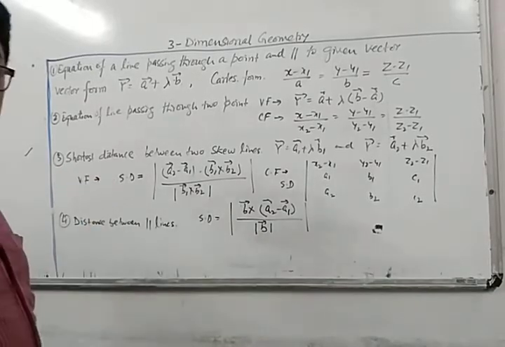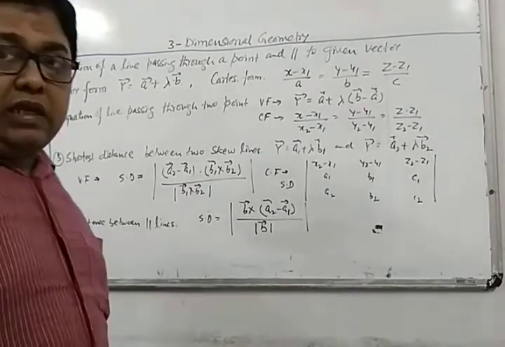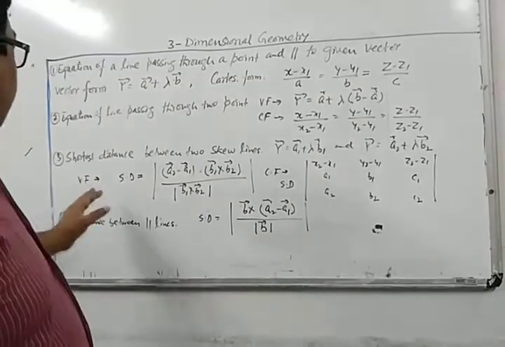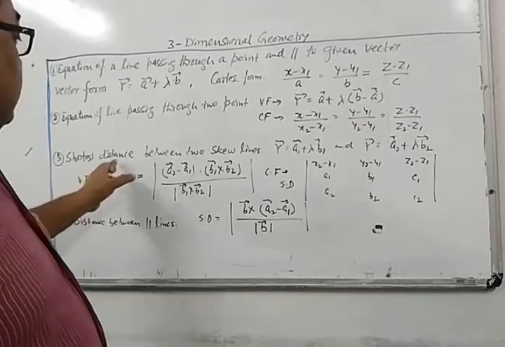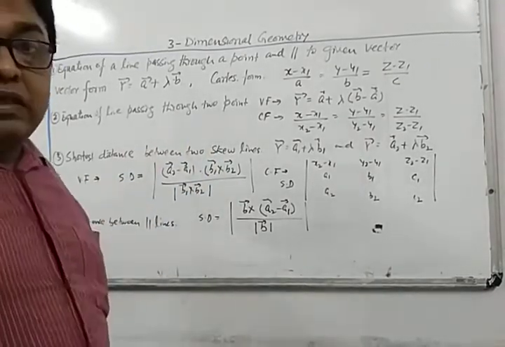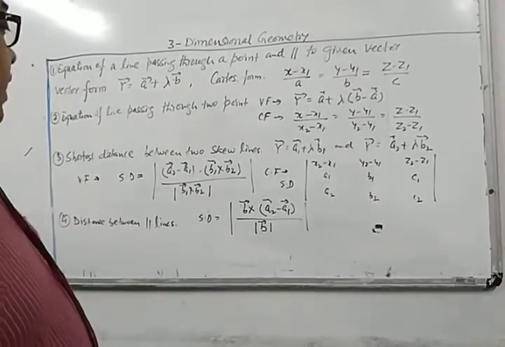That is the most important part of this chapter, and it is very important for the board examination. Now, the shortest distance between two lines. There are two cases, skew lines and parallel lines.